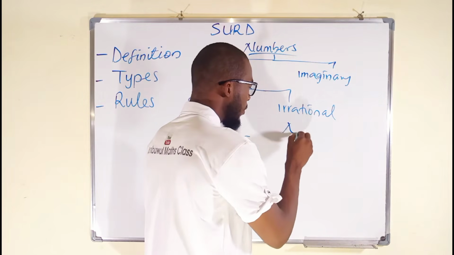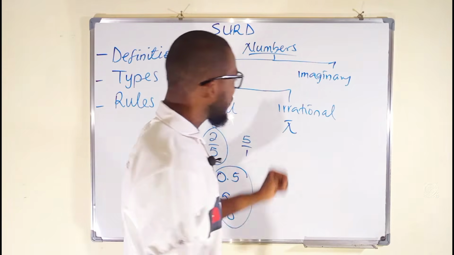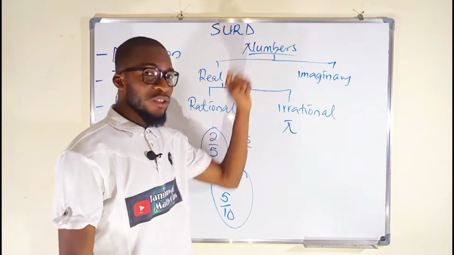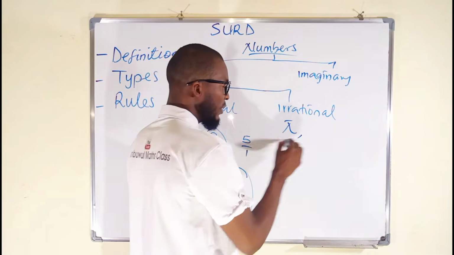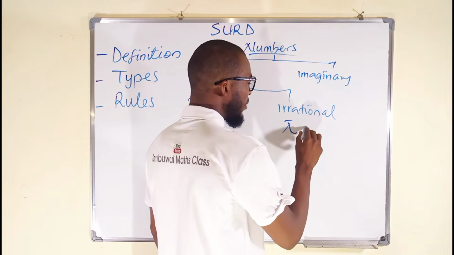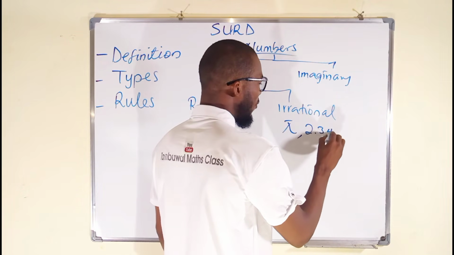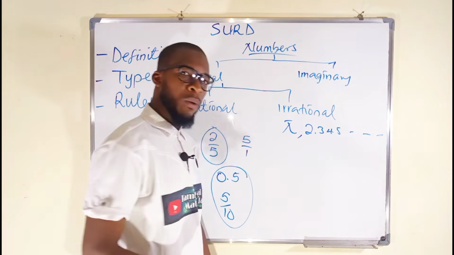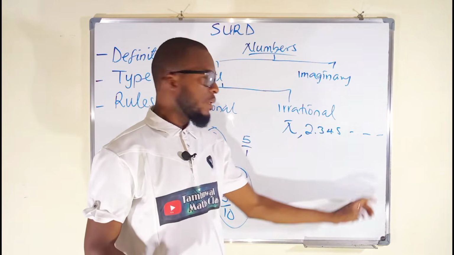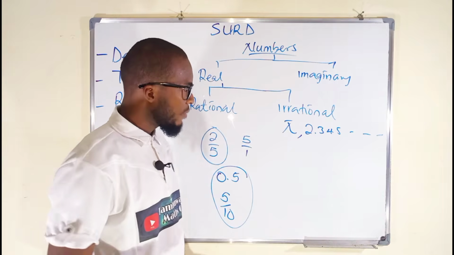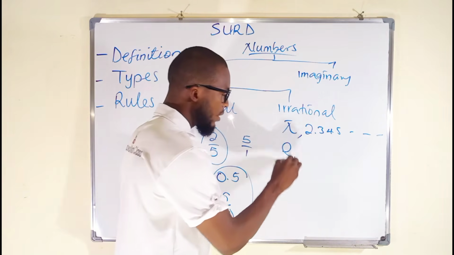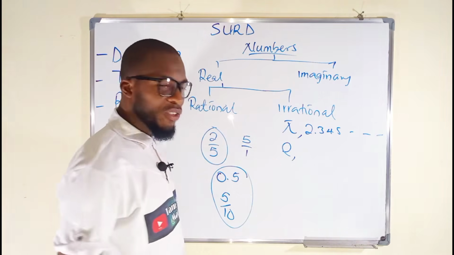Example, we have pi. Pi is an irrational number, but it is not a SURD. A number like maybe 2.345 continuously, non-terminating, it is an irrational number. E is an irrational number.